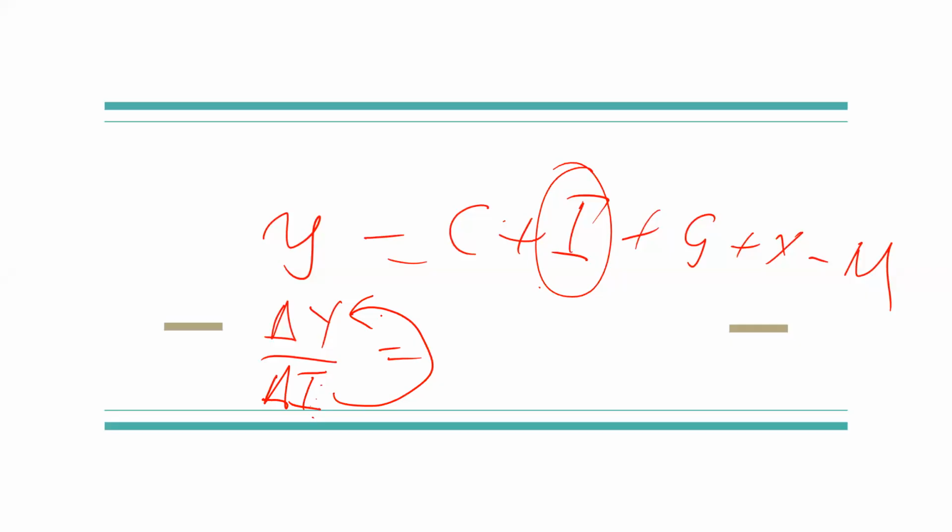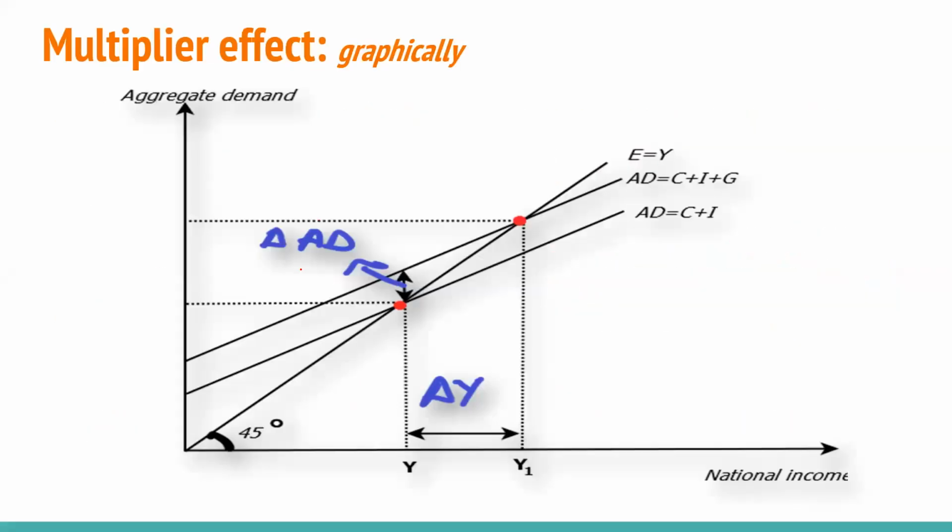In our case here, it might be either the aggregate demand or the national income. And I believe I have an example here.